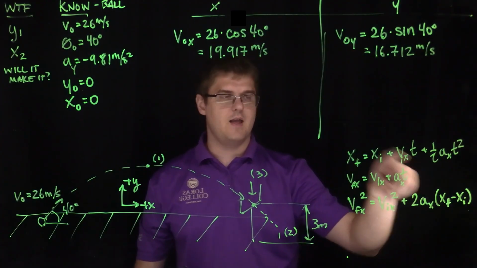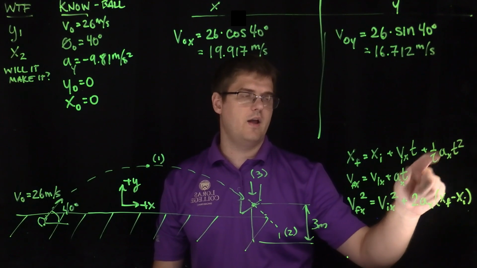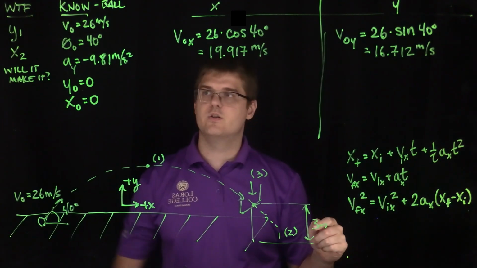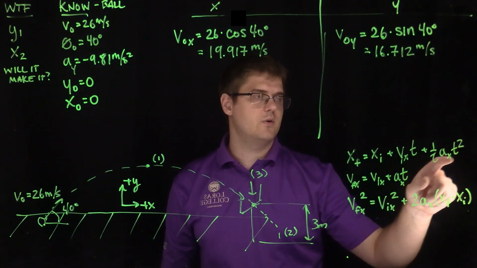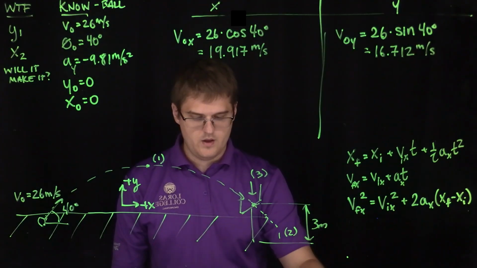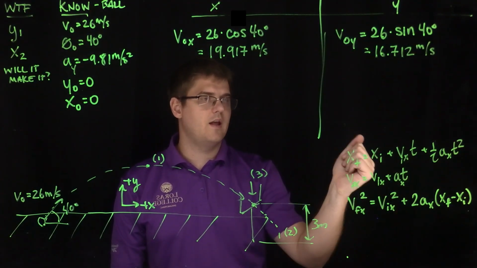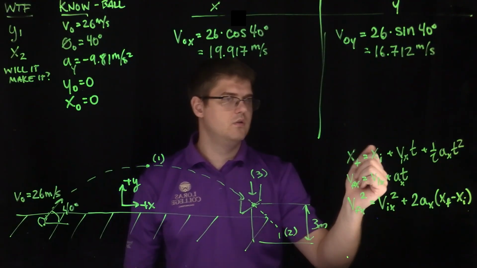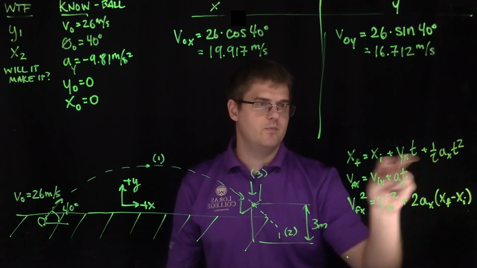We have time, we do not have. 1/2 is a constant. Acceleration in the y, that is going to be our gravitational acceleration, time squared. Actually we cannot solve this because we do not have the final height, we do not have the time.